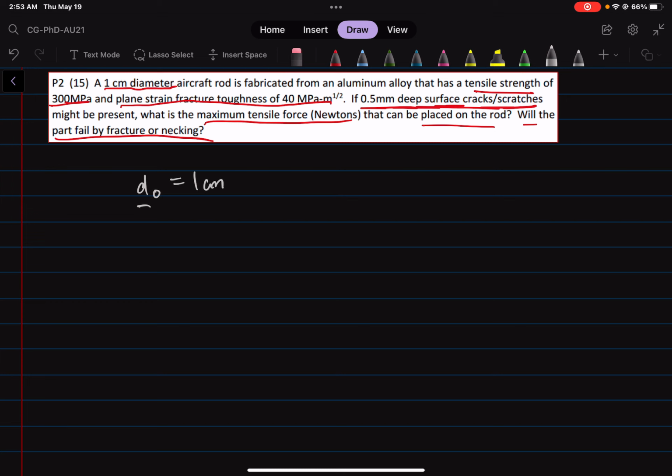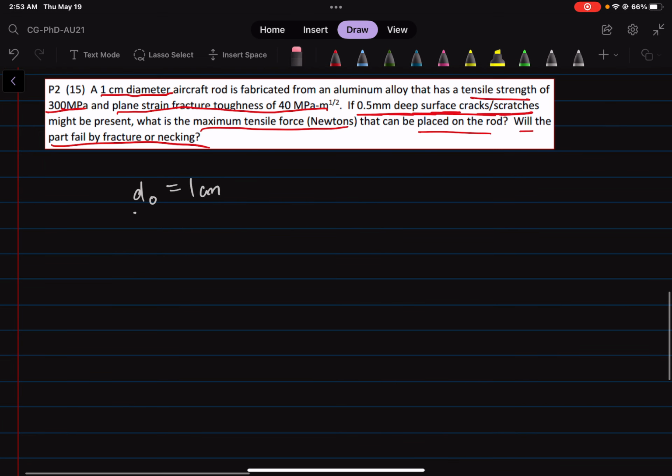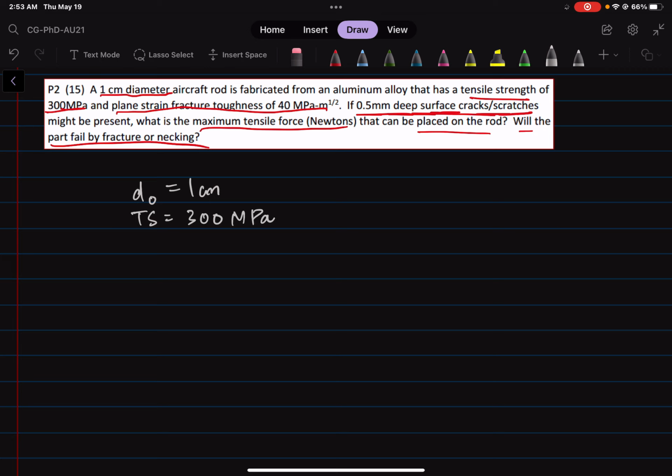The tensile strength of the material is 300 megapascals. The plane strain fracture toughness, so let's consider this to be a mode 1. So K1C is equal to 40 megapascal meter square root.